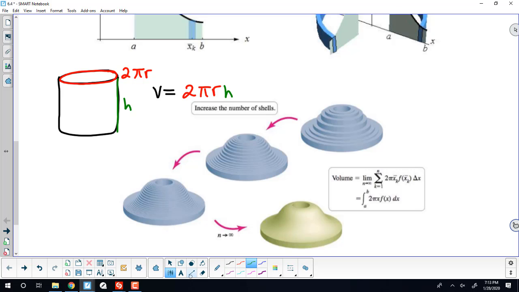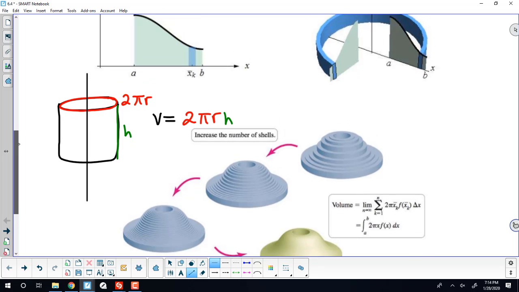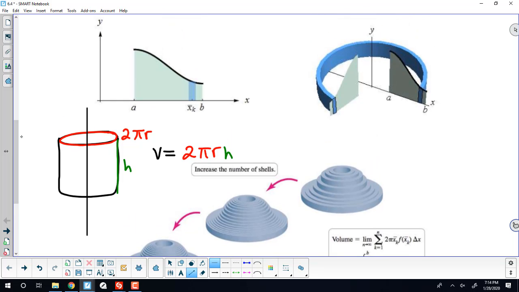And keeping in mind, our axis of revolution would be here. We'll look up here at this region here.